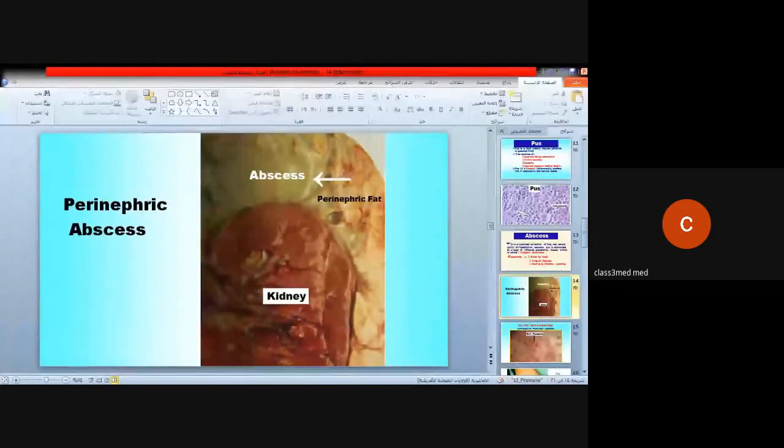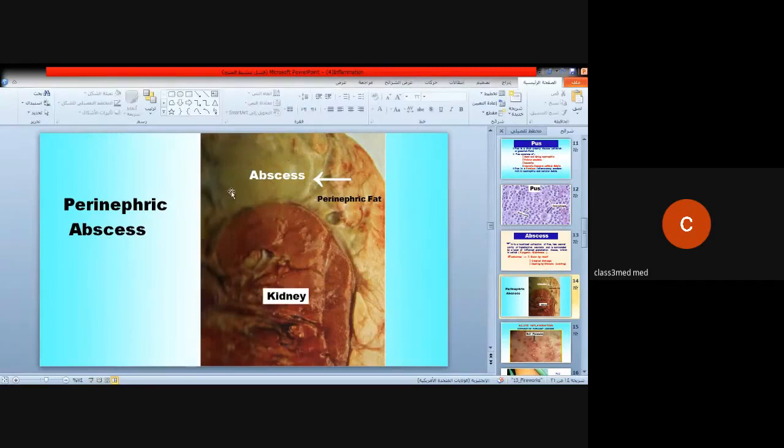You know, the kidney is surrounded by fat, which is called perinephric fat. The spread of infection from the kidney to the perinephric fat forms this localized collection of abscess at the upper wall of the kidney.